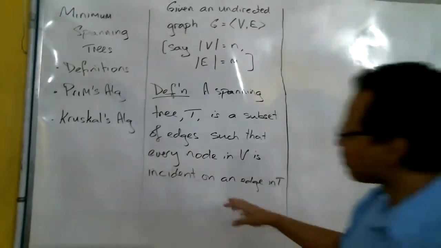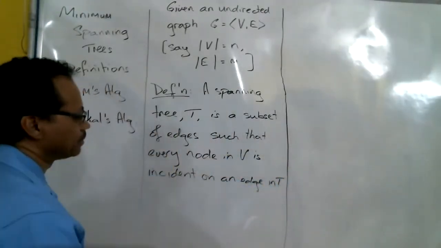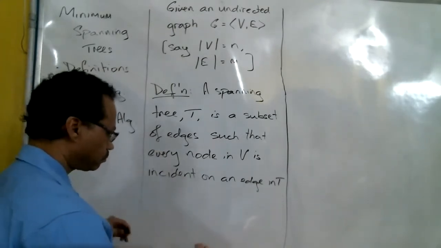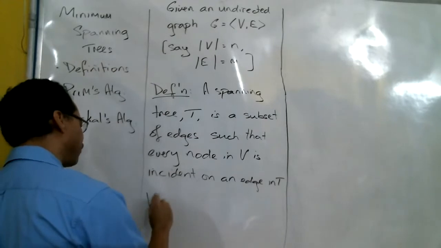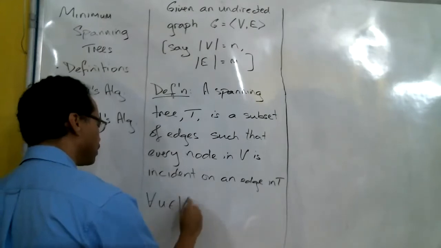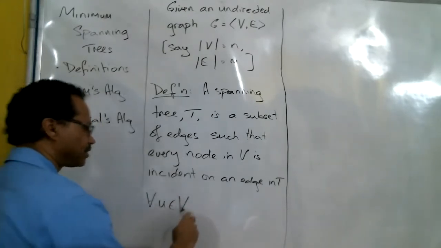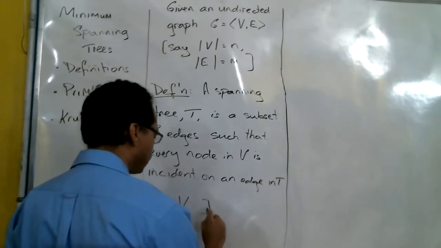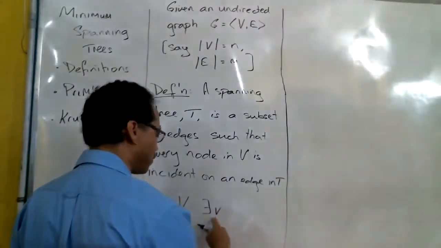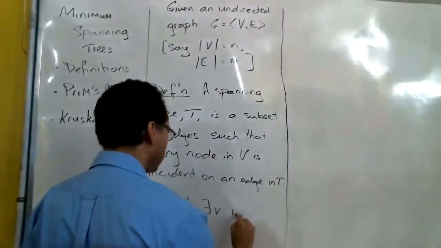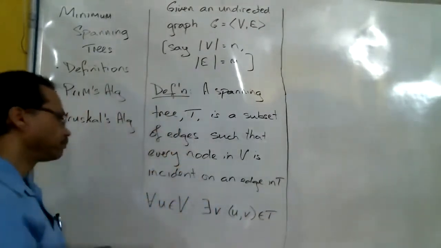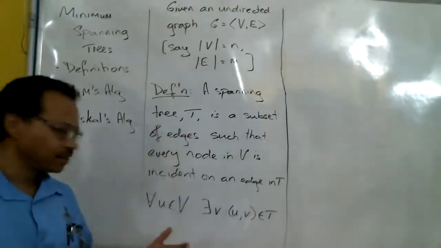All right, so in other words, if I were to write this in math speak, then what I'm really saying is that for every vertex, I'll just use a lowercase u, because it's on the board, it's clear. So for every vertex u in V, there is a node v such that uv is in T. Remember, it's undirected.